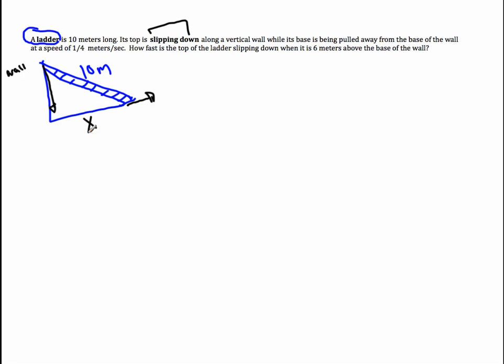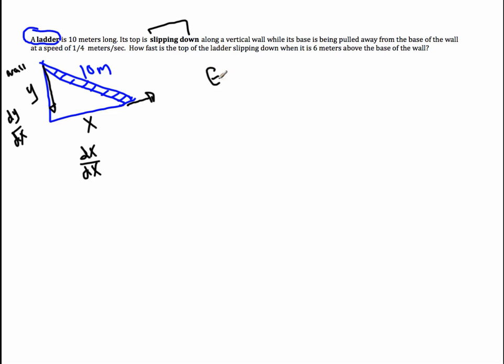I'm going to put variables x and y, so I know I'm going to have the rate in which y is changing and a rate in which x is changing. As I start pulling the ladder away, how fast am I doing so? So dx/dt will be that rate, and dy/dt will be the rate in which the top of the ladder is sliding down.